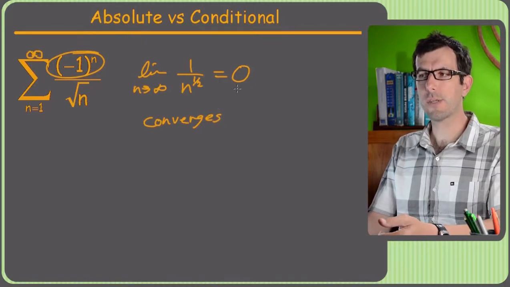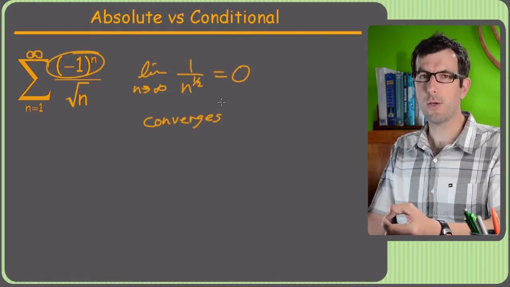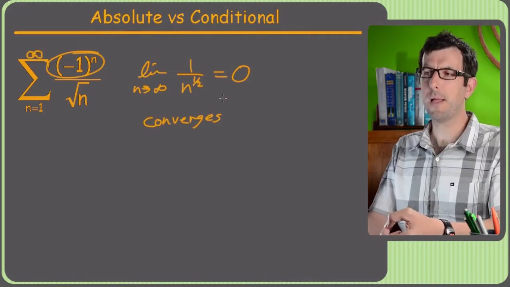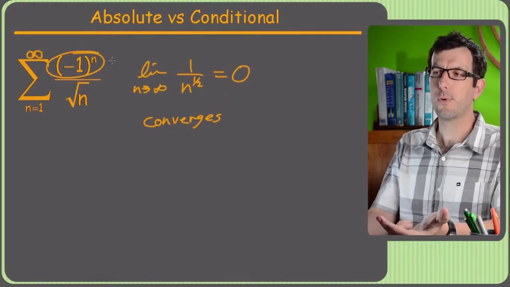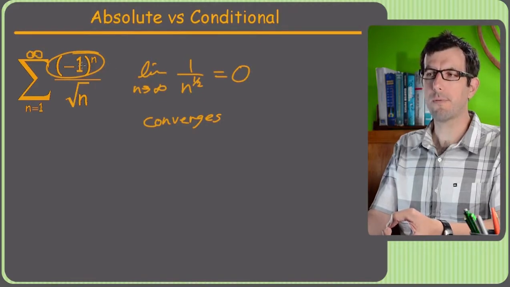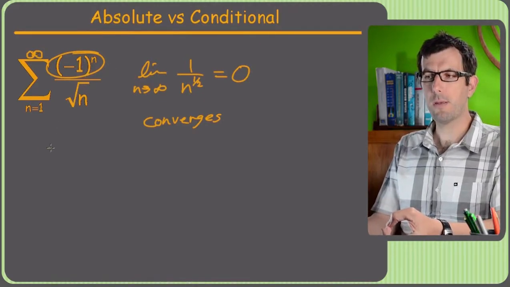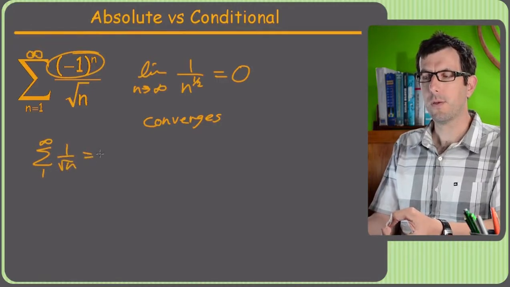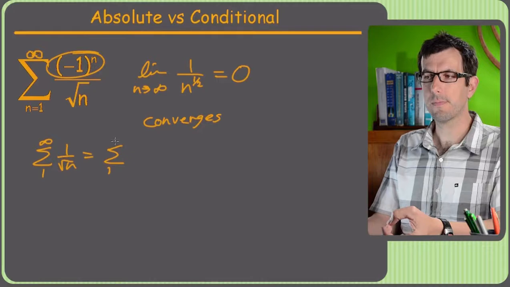The question now is, does it converge absolutely or conditionally? And now we have to apply our usual tests. We're going to test for absolute convergence by ignoring the -1. If we ignore the -1, we've just got this, which is really a p-series, rewrite it as n to the 1/2.